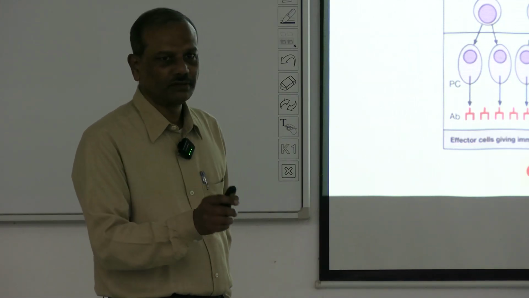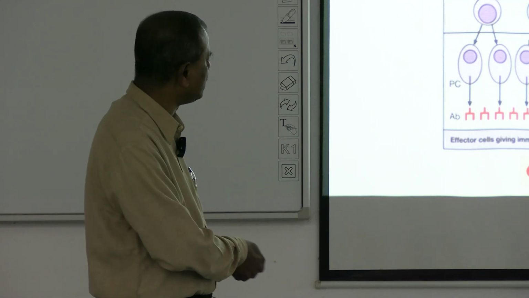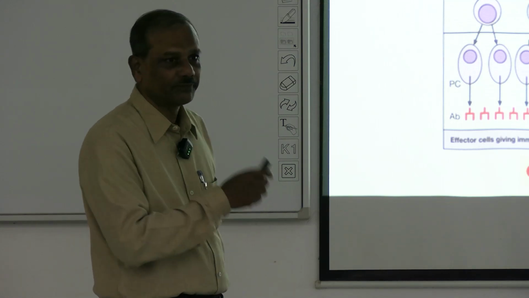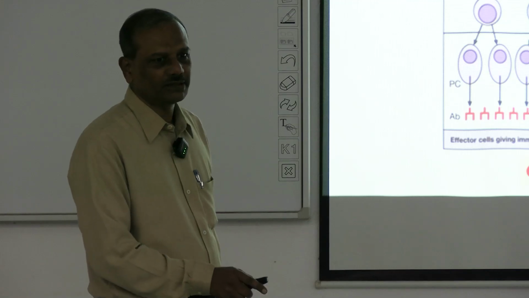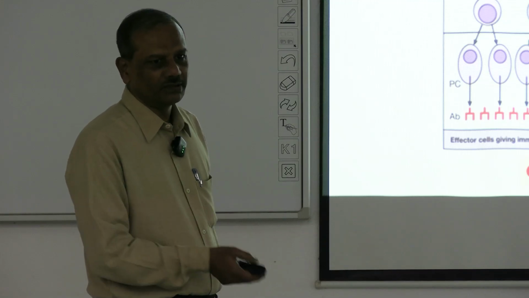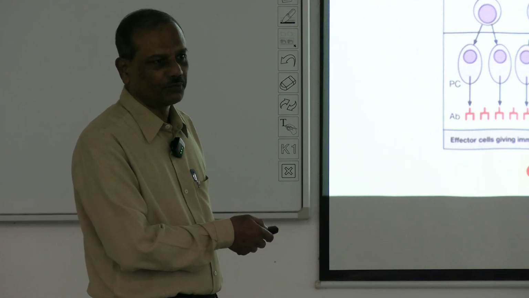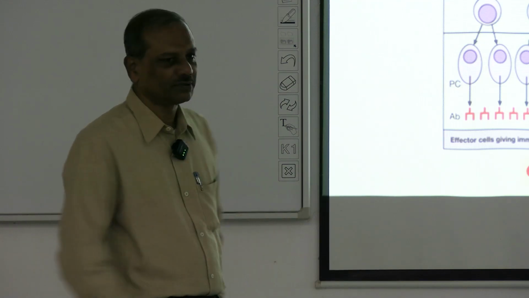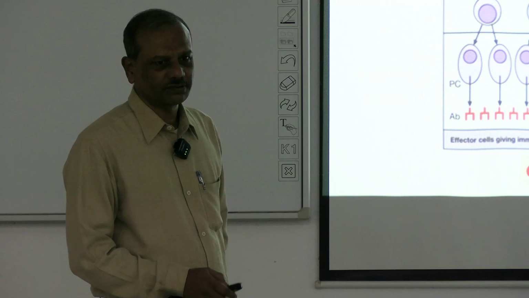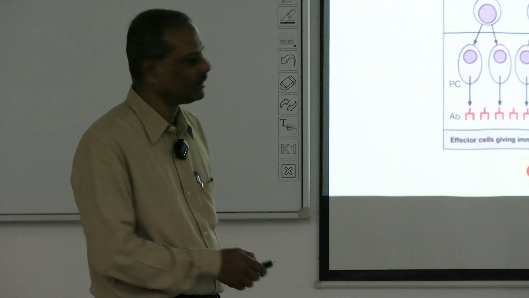Do you remember? And I told you about the difference between T cell and B cell. B cell produces antibody and memory cells. T cell also produces, instead of antibody, 3 different types of cells: one is T cytotoxic, one is T helper, another is T regulatory.